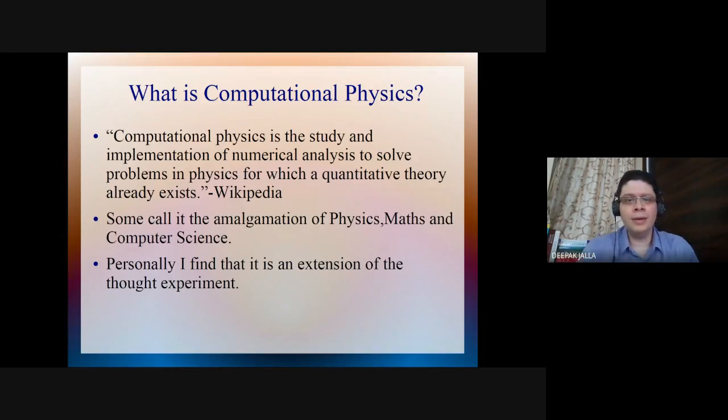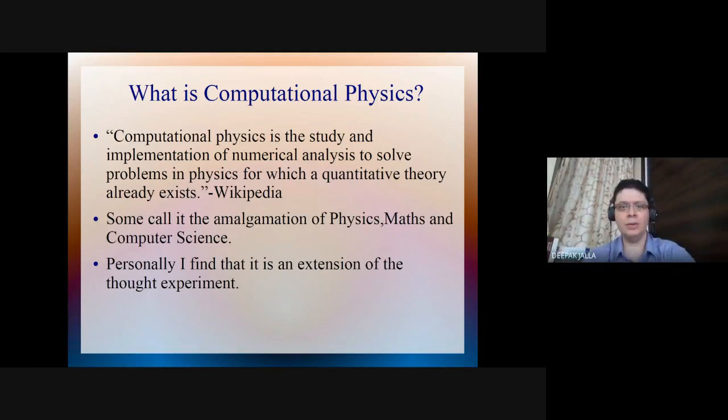Now, I'm paraphrasing from Wikipedia. Computational physics is the study and implementation of numerical analysis to solve problems in physics for which a quantitative theory already exists. What this definition tells you is, say you take quantum mechanics. The quantitative theory of quantum mechanics already exists.